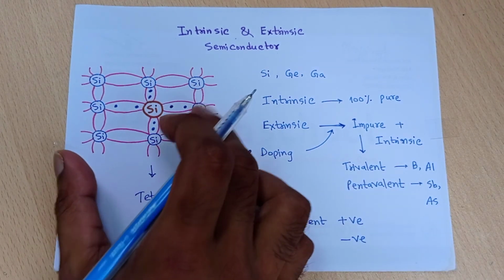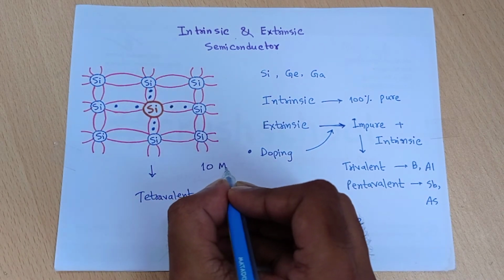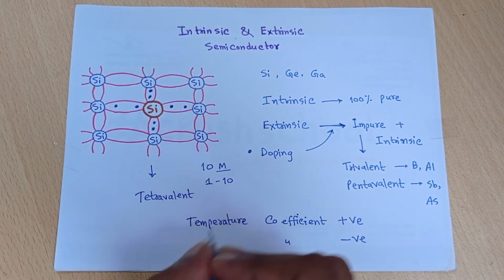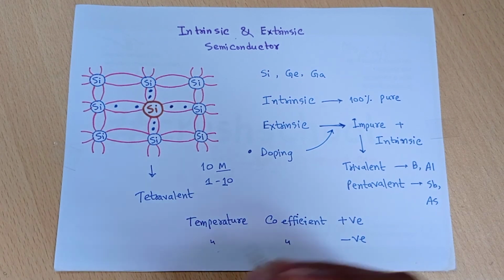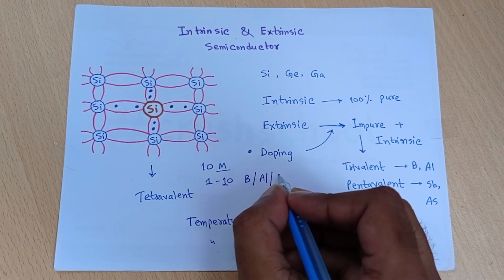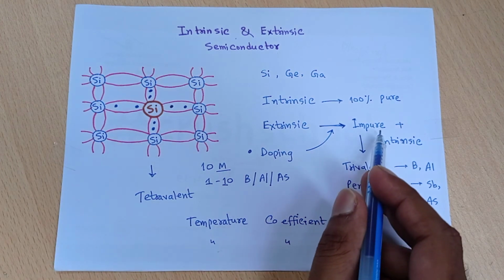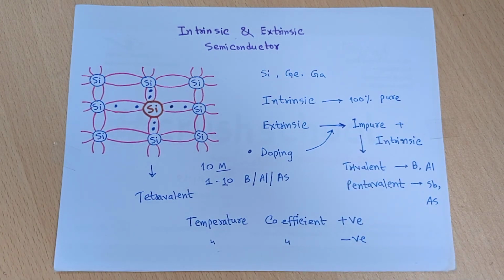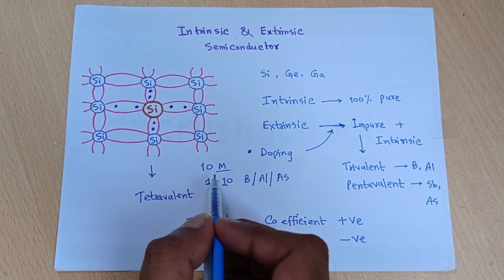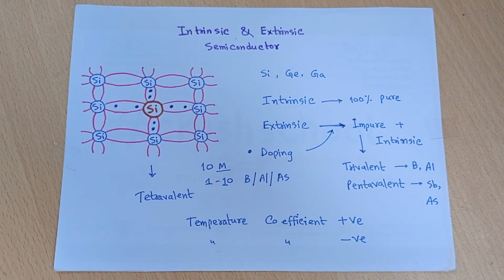Suppose I have 10 million silicon atoms here, but I only use 1 to 10 impure atoms like boron, aluminum, arsenic or antimony. So when we apply any impure material, the amount should be very low. Among 10 million silicon atoms, we only use 1 to 10 atoms of impure material. So this is a very important point of doping.